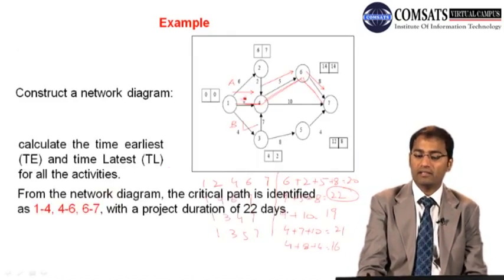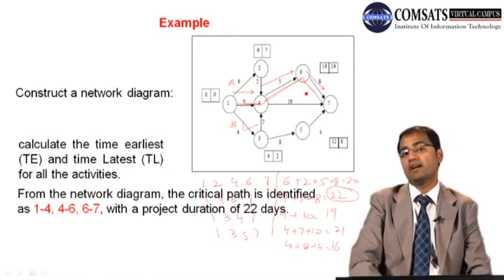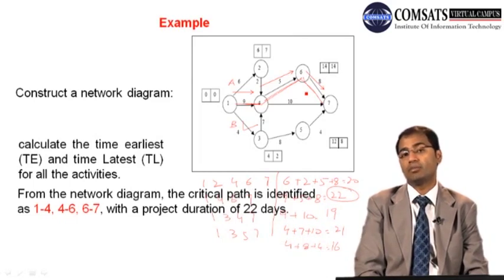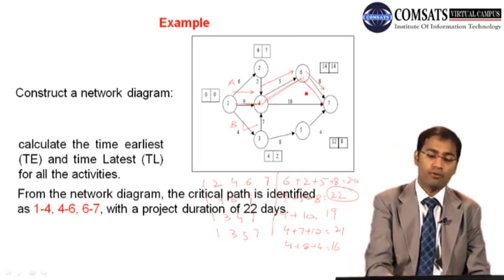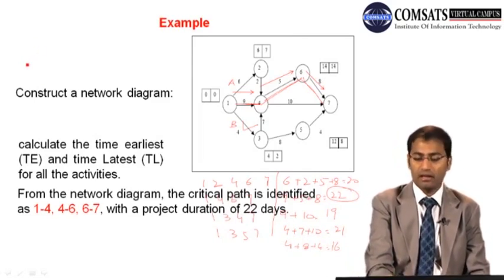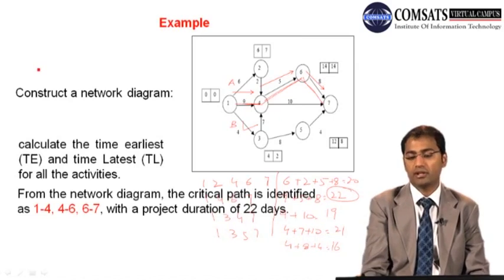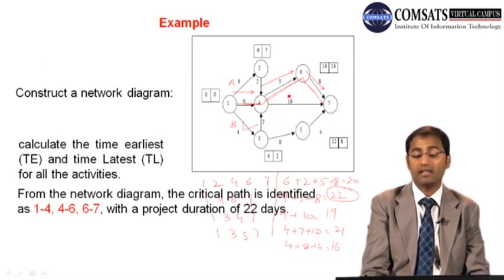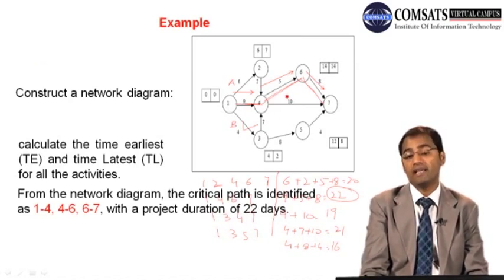Like we were having this path, we should not say that this project will be completed in 20 days, but we may consider giving the range. So we will say, okay, the duration is 22, the probable duration, and there is a range as well.